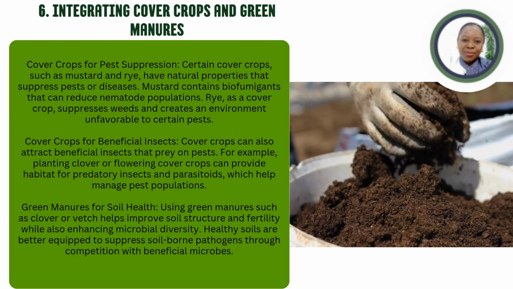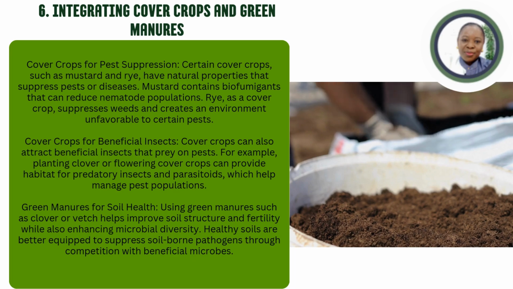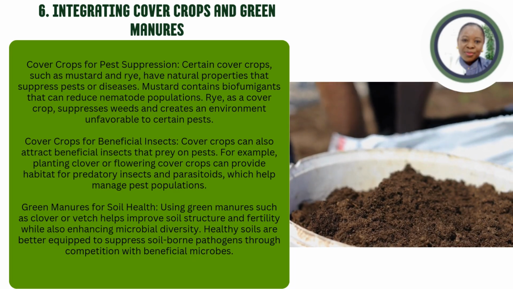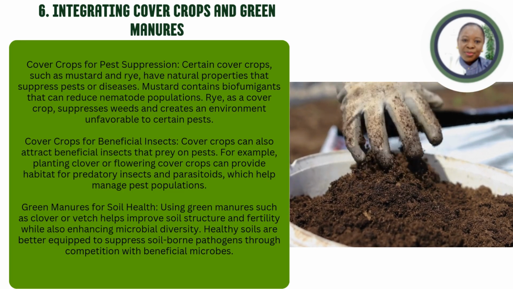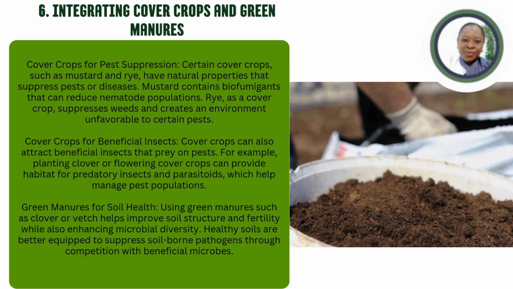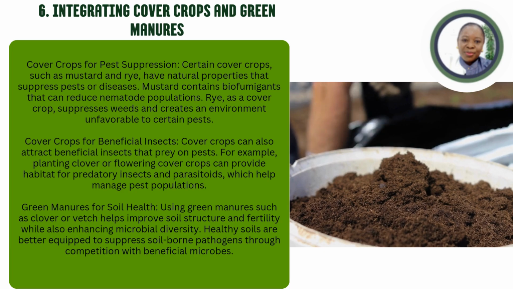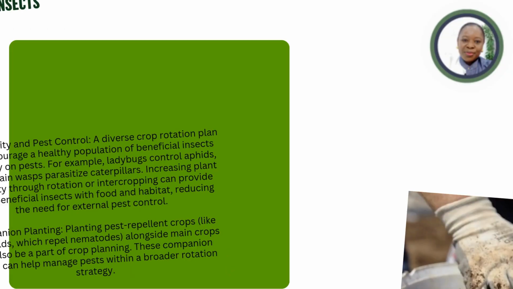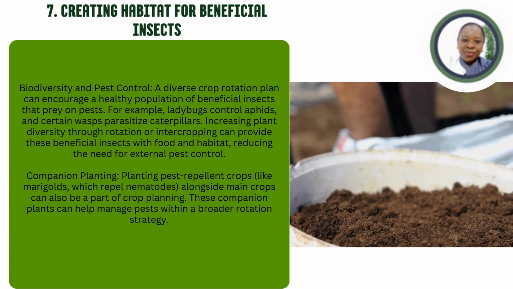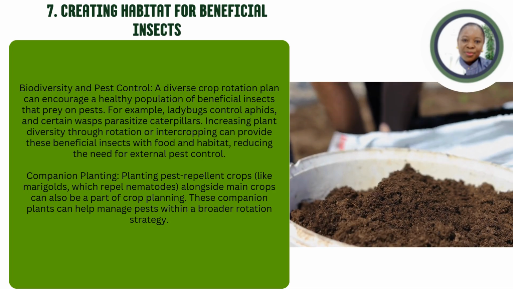Green manure for soil health. Using green manure such as clover or vetch helps improve soil structure and fertility, while also enhancing microbial diversity. Healthy soils are better equipped to suppress soil-borne pathogens through competition with beneficial microbes. 7. Creating habitat for beneficial insects. Biodiversity and pest control.